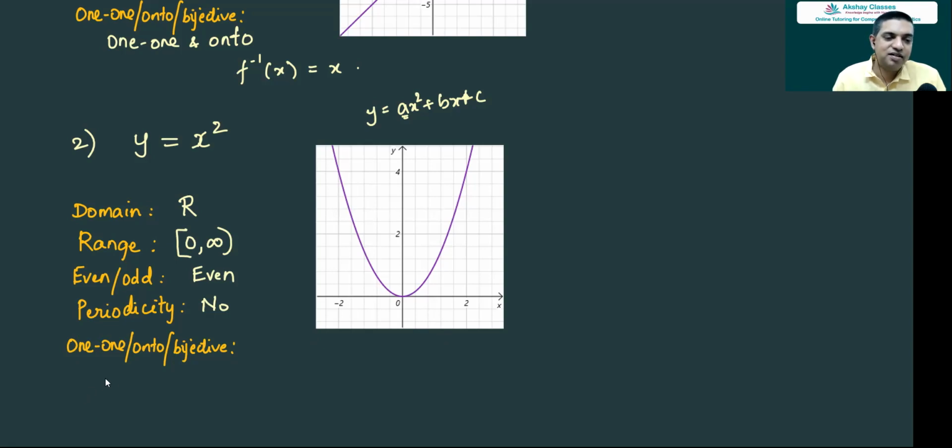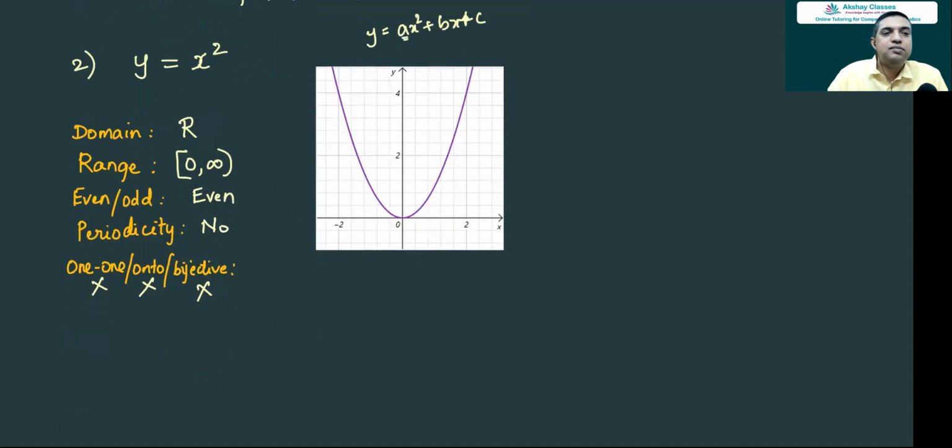Very good. So it is not 1 1, it is not onto. So therefore it is not bijective. This is correct. All right. So of course, suppose you define y is f of x equal to x square such that f maps 0 to infinity to 0 to infinity.